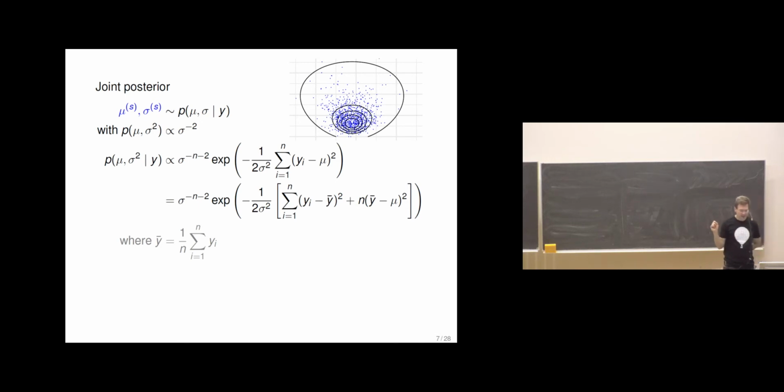This is one of the exercises you can do, how to go through these steps, that we calculate this square thing and then add and subtract y bar, which is just the average of these observations, and rearrange the terms to these two new squares.